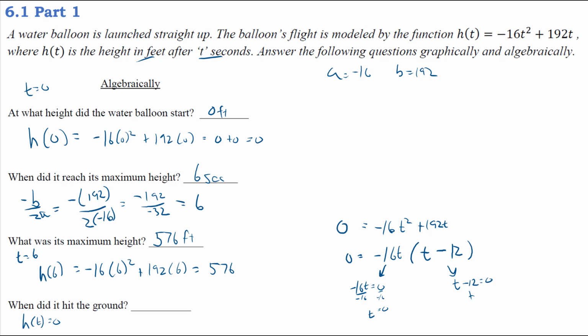And if we add 12 to both sides over here, we're left with t is equal to 12. So we know it was at the ground at time equals 0. However, the time it took to get back down to the ground is our 12 seconds here.